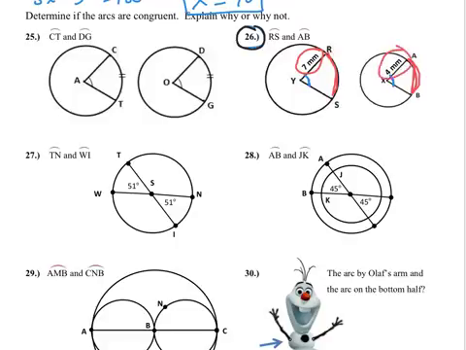For circle 2, it's 4 millimeters. Since they have a different radius length, these are not congruent circles. And so even though the central angles are congruent, these will not have congruent arcs. So RS is not congruent to AB, and it's because the circles are not congruent.